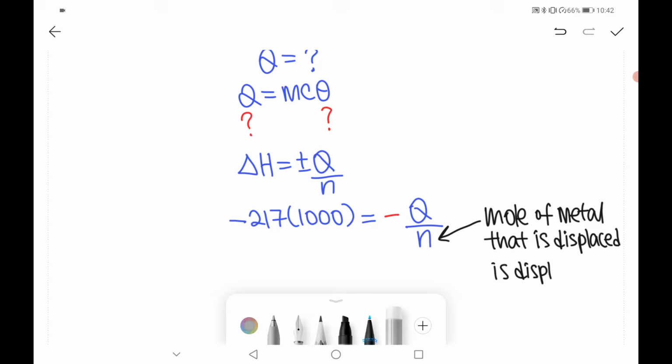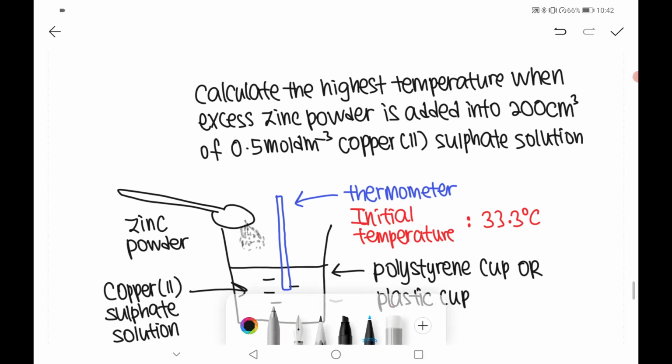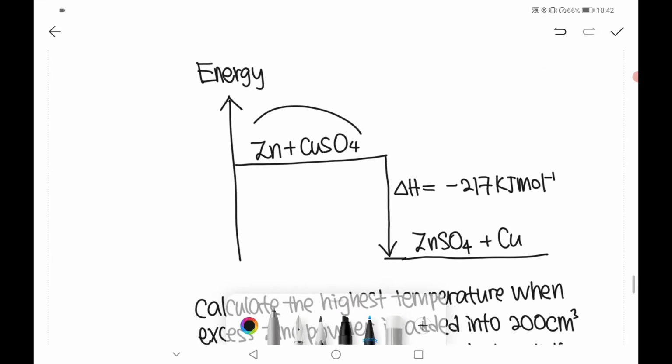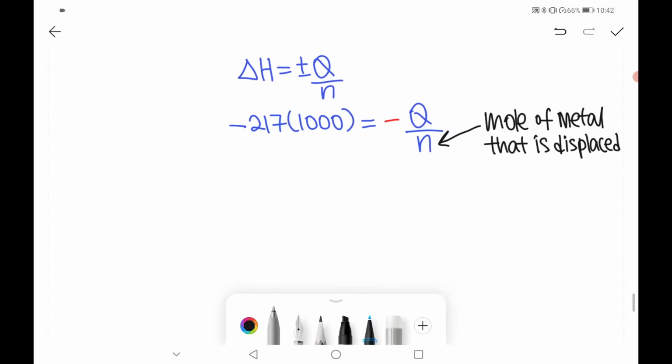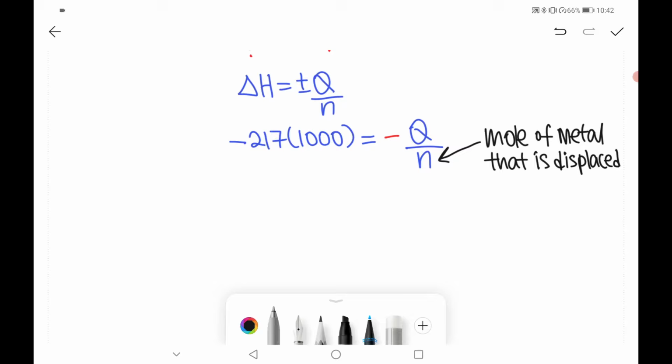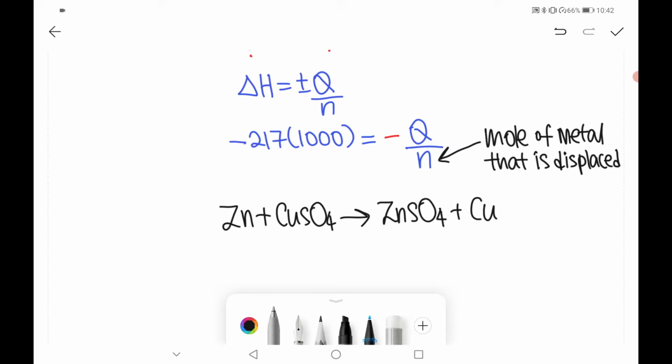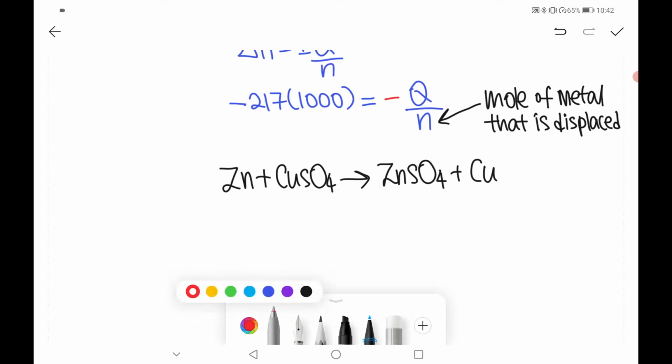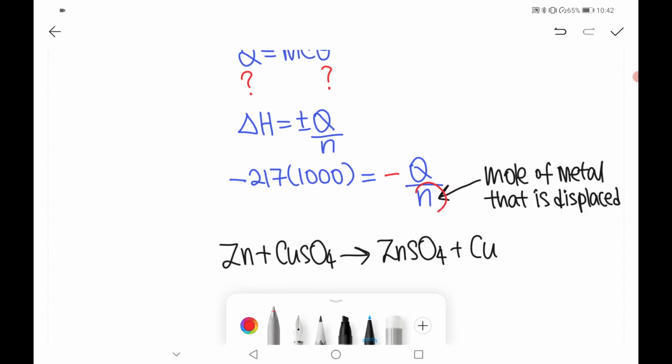So how to find the mole of the metal that is kicked out? We copy this chemical equation first. We have zinc plus copper sulfate to become zinc sulfate and copper. From this equation, what do we want to find? We want to find the mole of the metal that is kicked out.